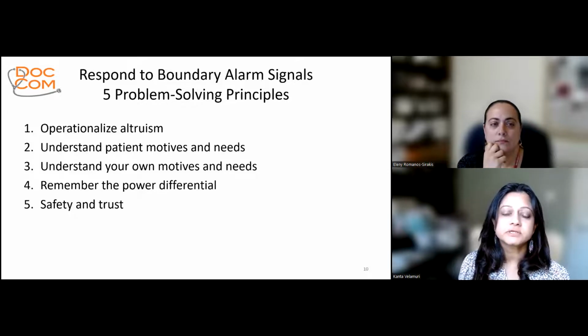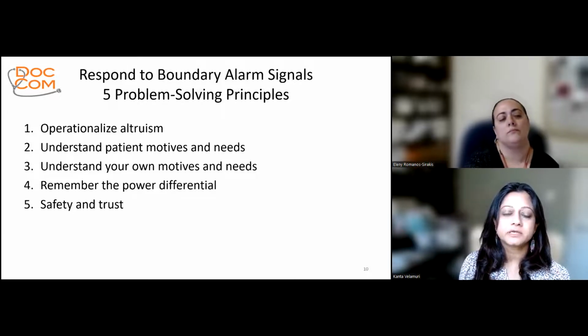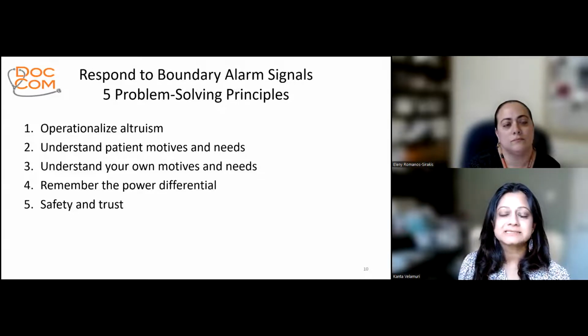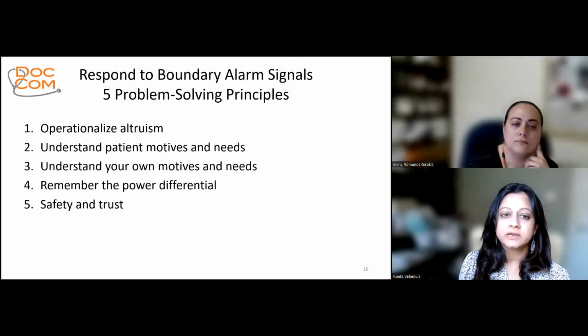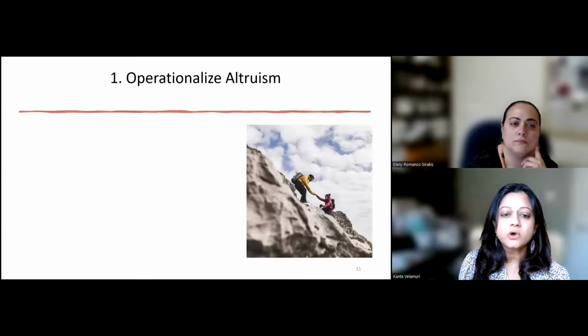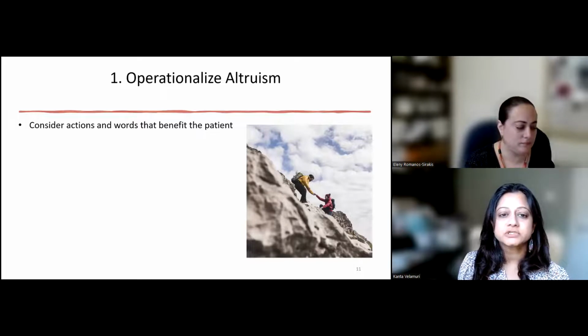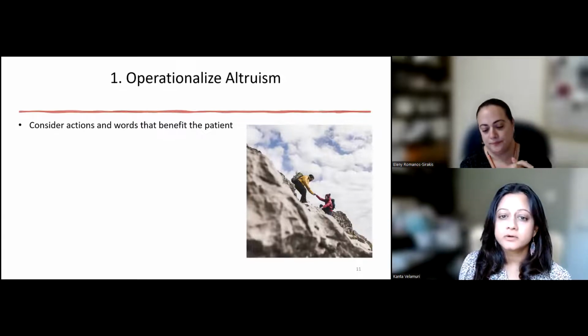So the first key principle to remember is to operationalize altruism. Altruism is the leading principle that we are asked to follow in healthcare. So you want to consider how your actions and your words will benefit the patient or not harm the patient.